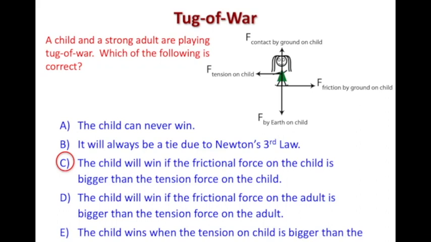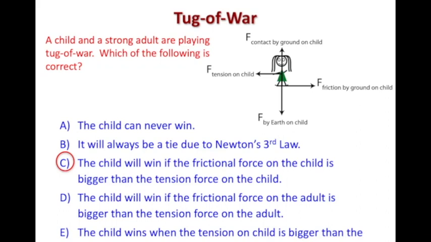And if the friction on the ground by the child is greater, that means the net force on the child is to the left or to the right, in the direction of the friction. And that means they'll accelerate that way. In other words, the child will walk backwards and win tug of war, pull the rope toward them.